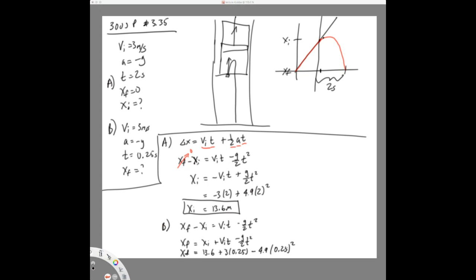And let's see what we get there. I'm getting 14.04.